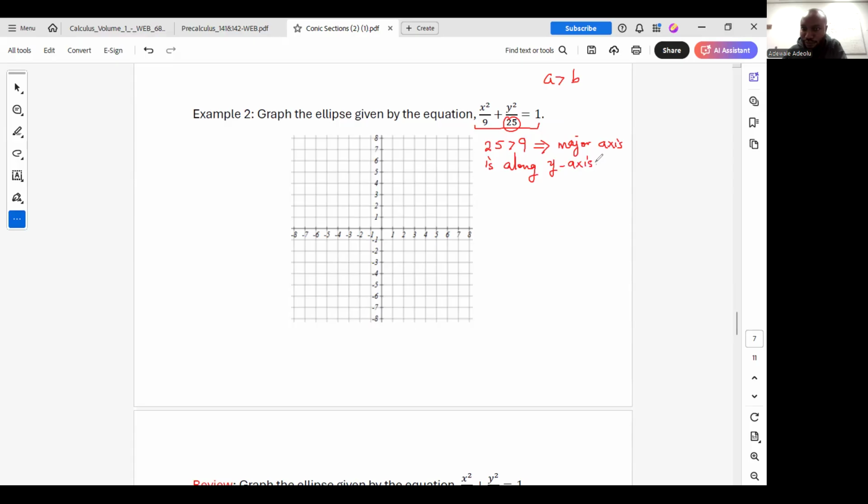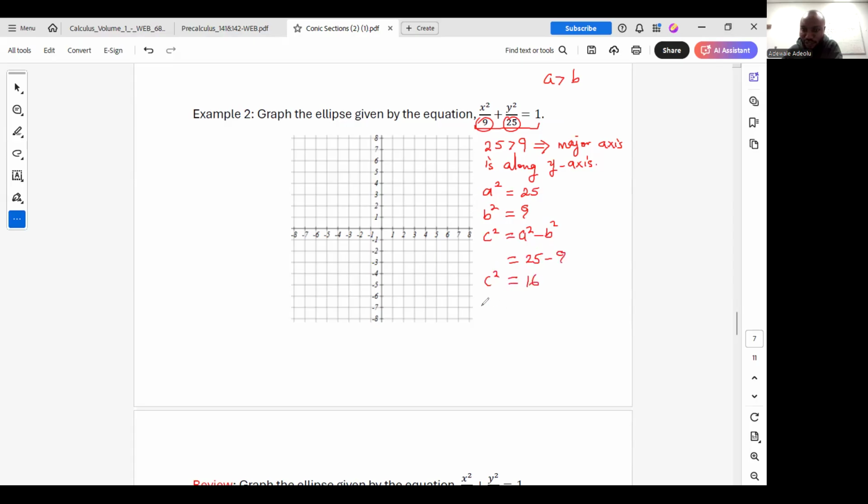Now that means we know what a squared is. A squared is 25. So definitely b squared is 9. So we can find c from that. c squared is a squared minus b squared, which is 25 minus 9, and that is 16.